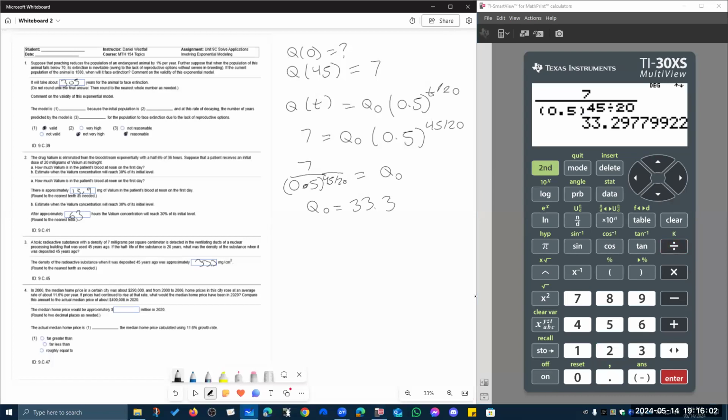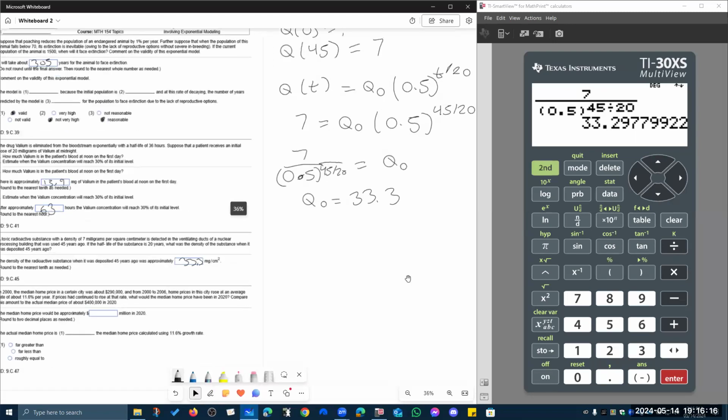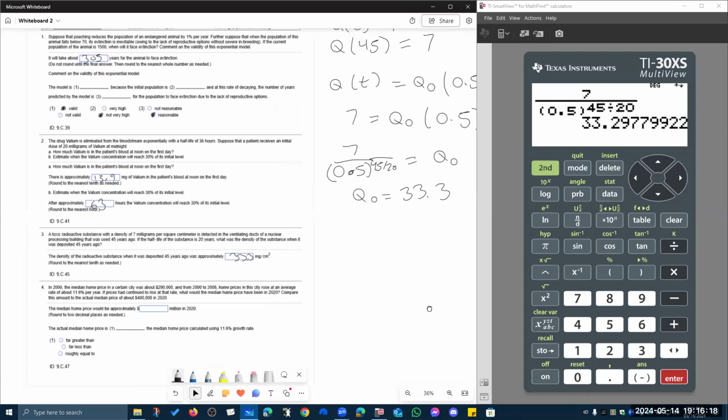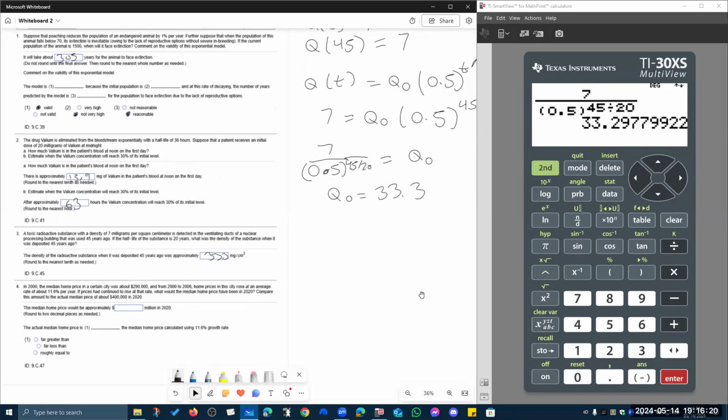In 2000, the median home price in a certain city was about $290,000. And from 2000 to 2006, home prices in the city rose at an average rate of about 11.6% per year.